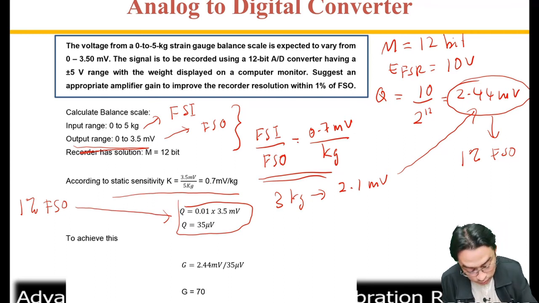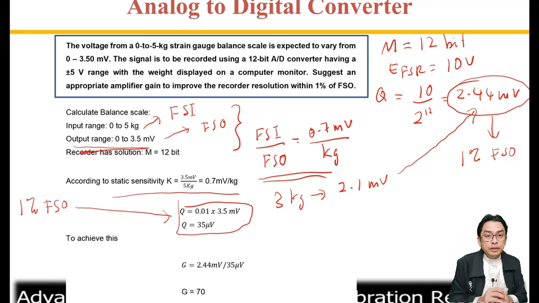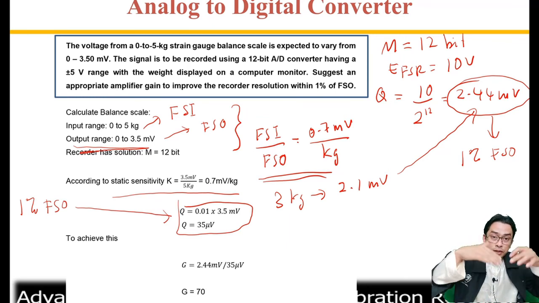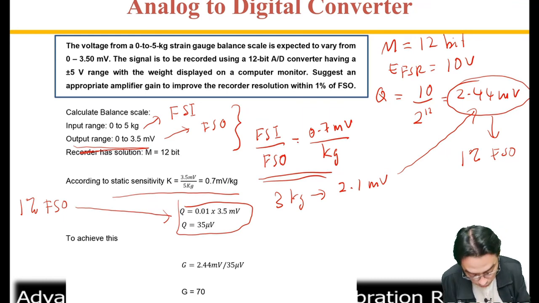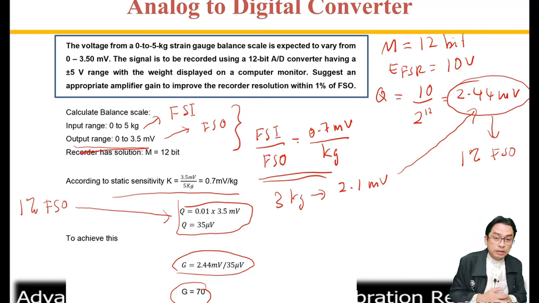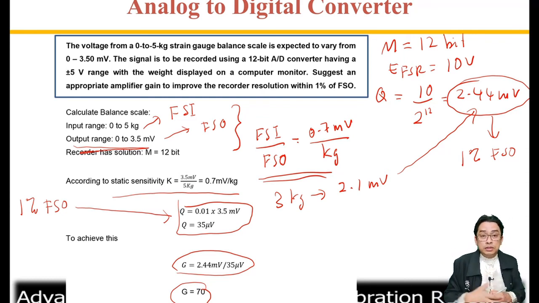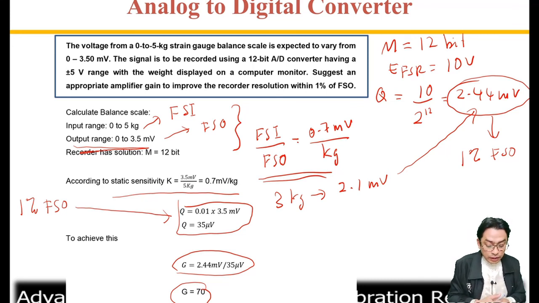We know the original Q is 2.44 millivolt. So we must reduce the Q to 35 microvolt. So what we do is we divide this, and we know that we get G is 70. So we introduce a gain of about 70 times, then we can measure the value of our weight for 3 kilogram and below.